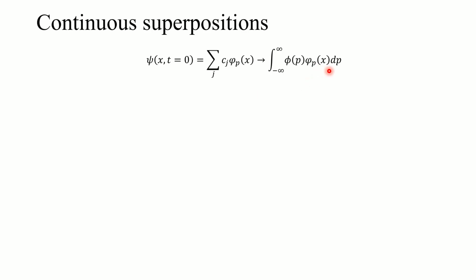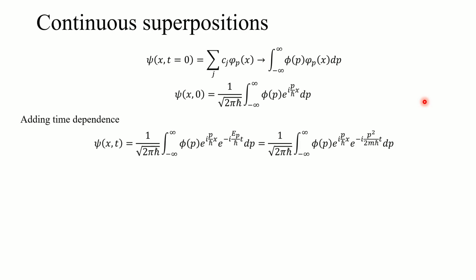And that's going to give us our continuous superposition of our momentum eigenfunctions. So again, with the time dependence, this is what our wave function looks like at t equals 0. Subbing in what we know the form of our momentum eigenfunctions are, it's actually in position space.